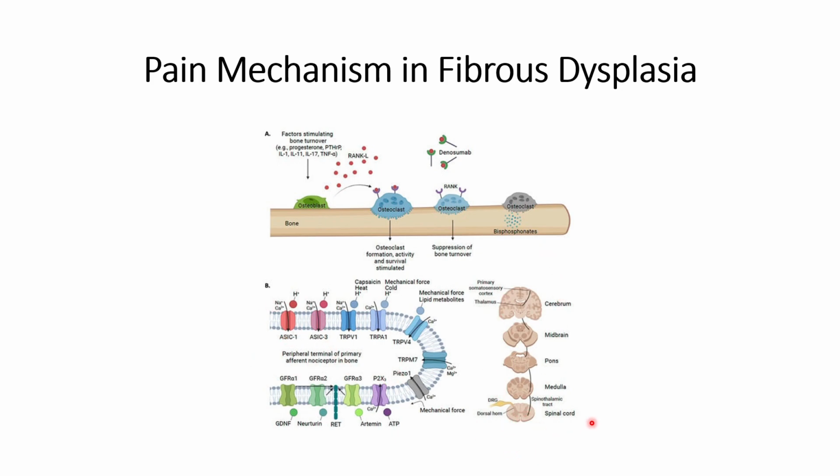And this is the overview that has been shown here. The pain mechanism begins at the spinal cord, or we can say the problem because of fibrous dysplasia occurs in the spinal cord, and this cascade effect might move to some part of the brain, around the cerebrum, the primary somatosensory cortex, and the thalamus.